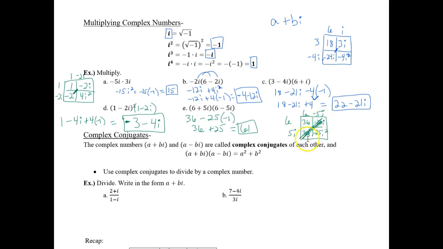Only in this case, the i squared makes it a negative 1, which changes it to a positive, so it ends up being a sum of those two coefficients squared. And notice my answer doesn't have any i's at all. It's just a real number. So we're going to use that in the next video.